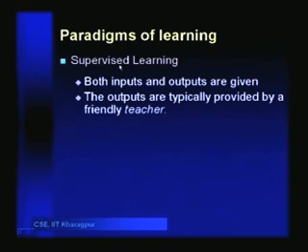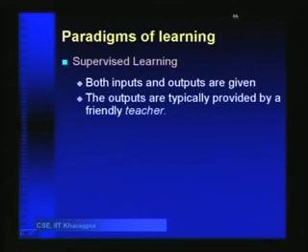It is a mapping from inputs to outputs. So, in supervised learning, the training set given to us consists of valid input output pairs. For this input we have this output, and our objective is to learn the function in a succinct way.